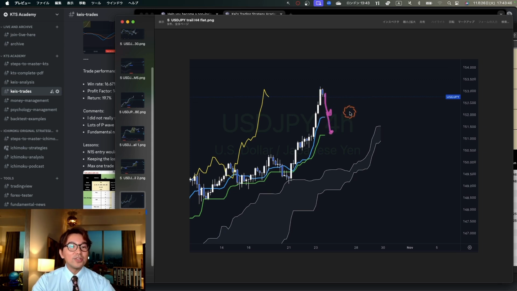This is Ichimoku nature. Just to talk about Tenkan-sen and Kijun-sen quickly, Tenkan-sen is showing the short-term market participants, and Kijun-sen is showing mid-term market participants.